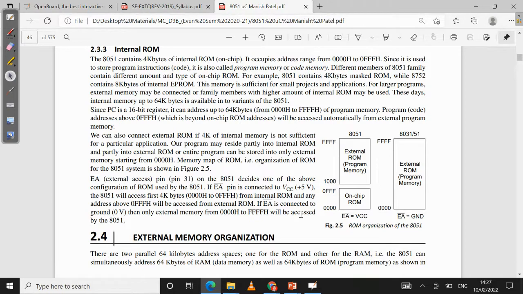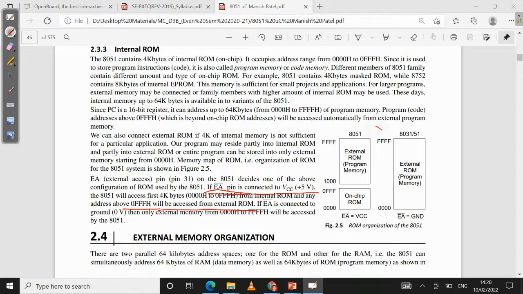If you have to choose on-chip ROM with external ROM, then you have to use the pin called the EA bar pin. If the EA bar pin is connected to VCC, or plus 5 volts, the 8051 will access the first 4K bytes, that is from 0000 to 0FFF, from internal ROM, and any address above 0FFF will be accessed from external ROM.